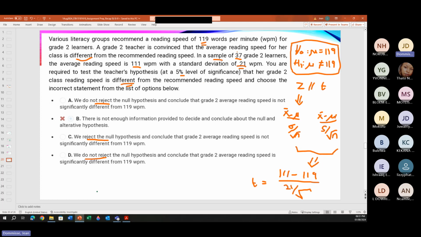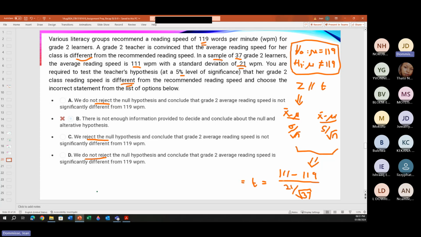And the sample was 37. Just remember, with a T, while you're working out the T, we're not looking at degrees of freedom or anything like that. We just want a T value.